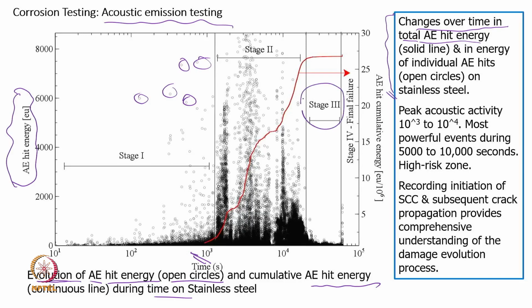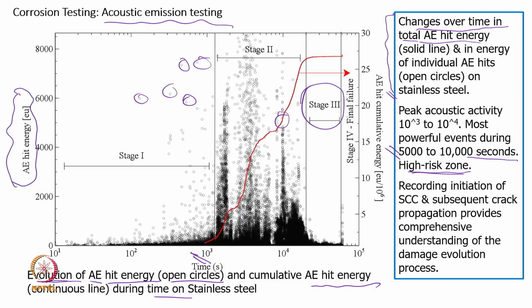Now, if it indicates stage 3, that is a very high alarm, hazardous situation. So, that is when we say a high risk zone, stage 3 is a high risk zone, and after the 10,000 cycle there is initiation of a high risk zone. If we are able to judge this using acoustic emission testing, that is sufficient for a maintenance person to act on.